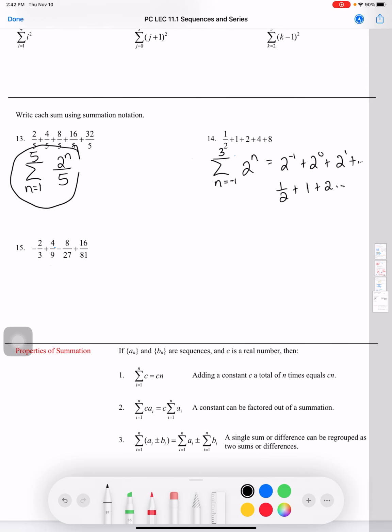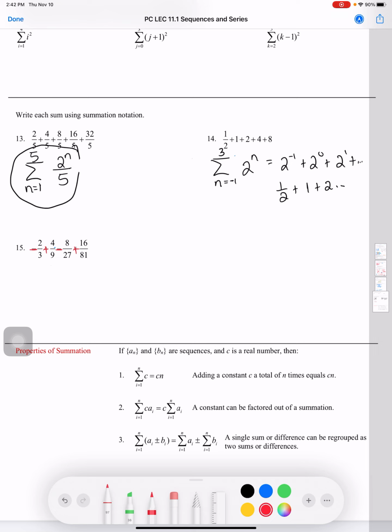But 15, we have the same idea. So when I look at this for number 15, what I immediately notice here is that I have a negative and a positive, a negative and a positive. And what I also immediately notice is that 2/3 seems to be the base here. I know that 2/3 to the 1st power is 2/3.